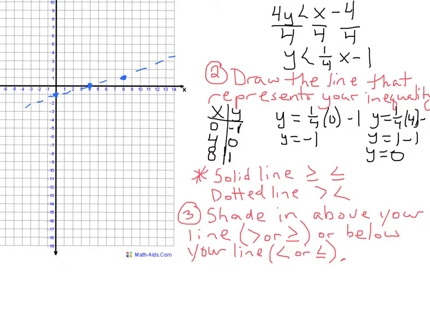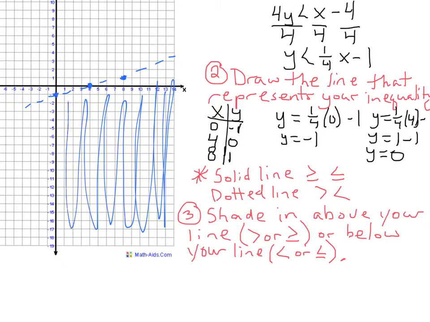So for our example, am I going to shade above or below my line? Below. It's a less than symbol. It's saying y is less than that line. So I would shade in everything down here, all the way up to the line.